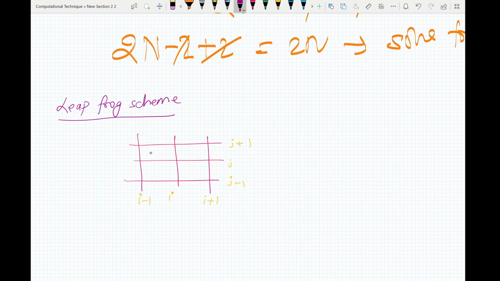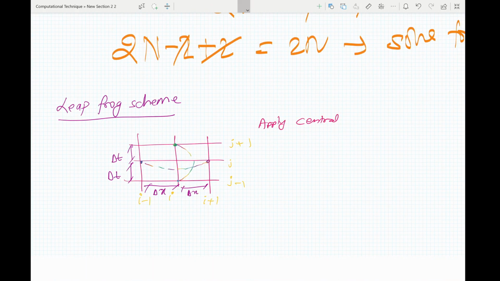This is delta t and this is delta x. Now here we take this point and this point, and here we take this point and this point, and apply central difference equations.